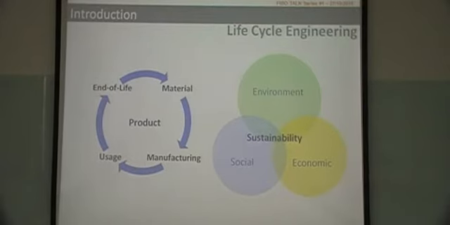So we are working toward sustainability. Sustainability has three factors. Firstly, we have to take the environment aspect into account. The second one is the social aspect. And the last one is the economic point of view.